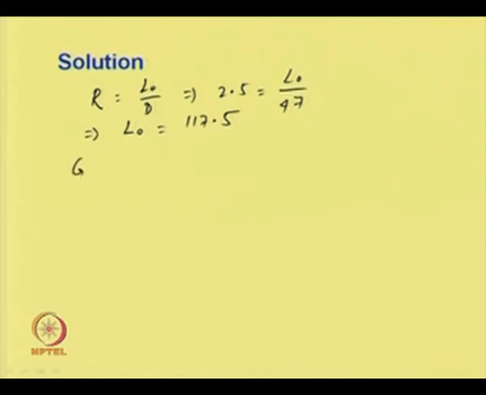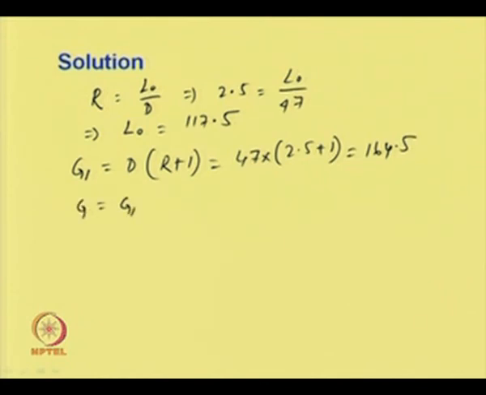So, the value of vapor flow G1 is D into (R plus 1), which is equal to 47 into (2.5 plus 1), and this will give 164.5.